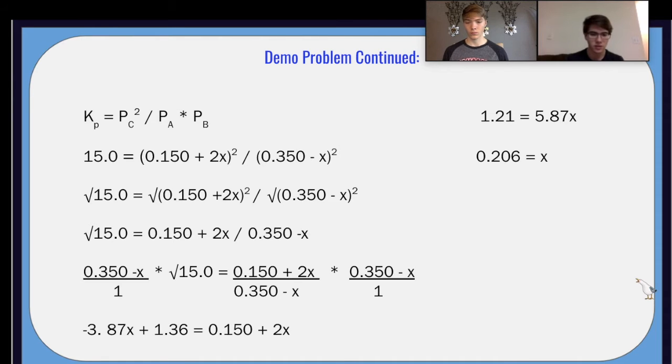And as we can see, we end up with negative 3.87x plus 1.36 equaling 0.150 plus 2x. We then isolate x and divide by 5.87 to find that x is equal to 0.206.